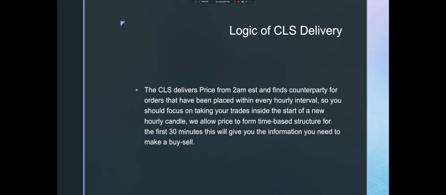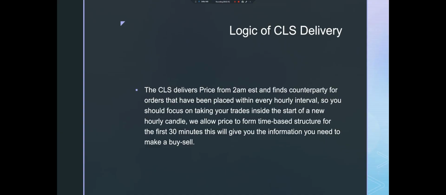So what we do is we allow those first 30 minutes to give us information, to create a structure to do anything price needs to do, and from there, after those 30 minutes, we can say, okay, I'm gonna place a buy, I'm gonna place a sell, I'm gonna place a trade.